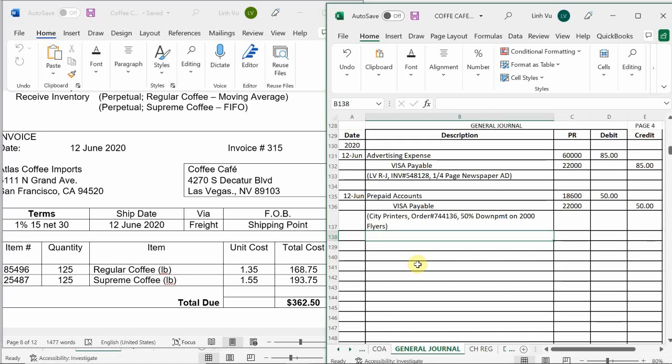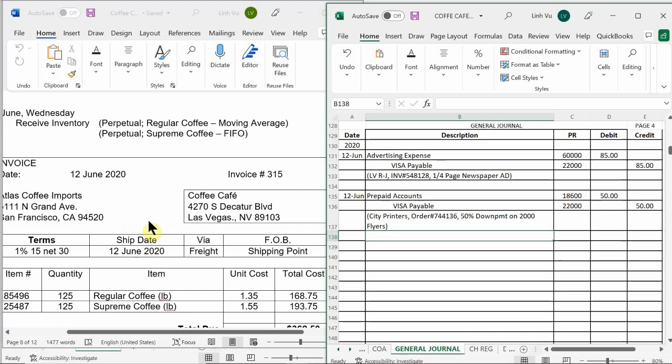How do I record perpetual inventory? Constantly. Okay, good. But the question is, what account am I going to use to represent perpetual inventory?